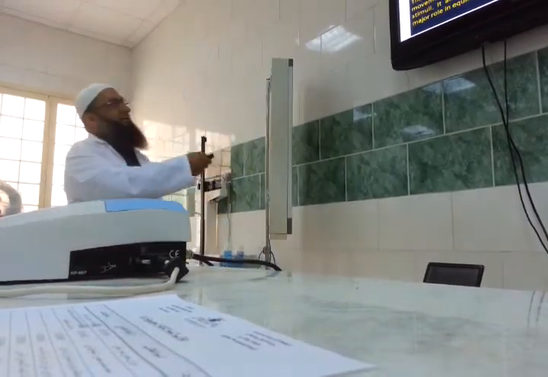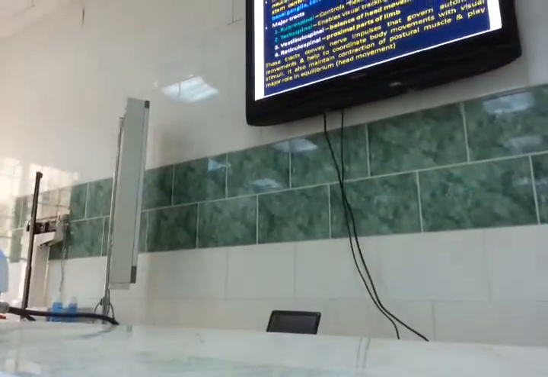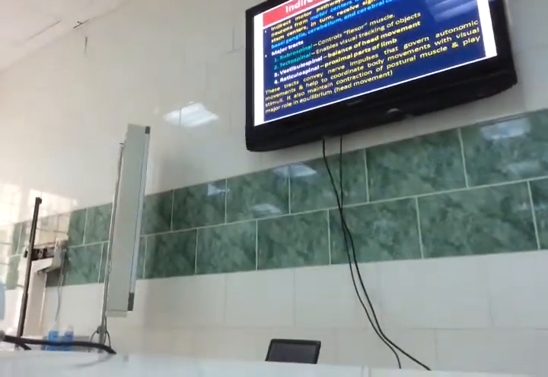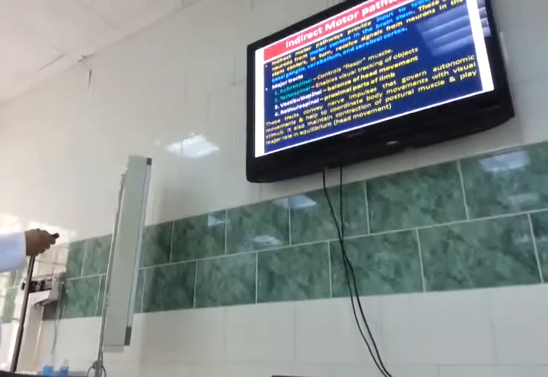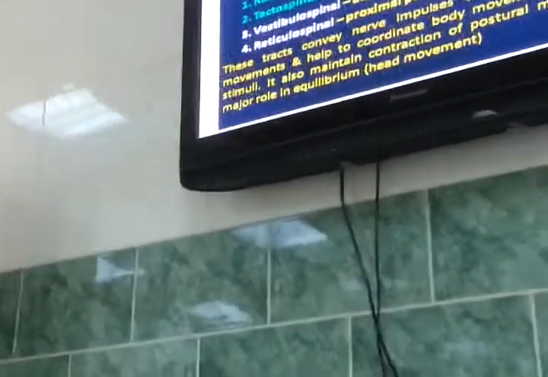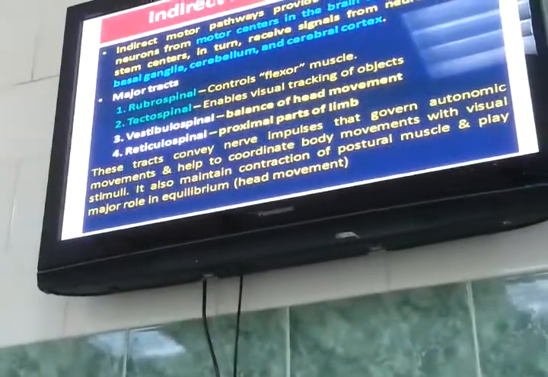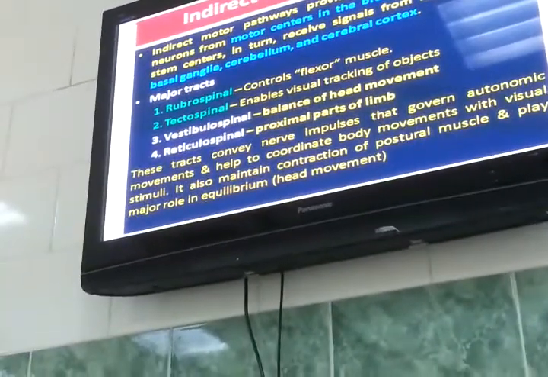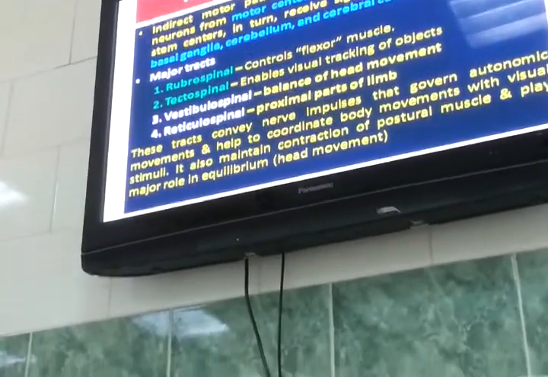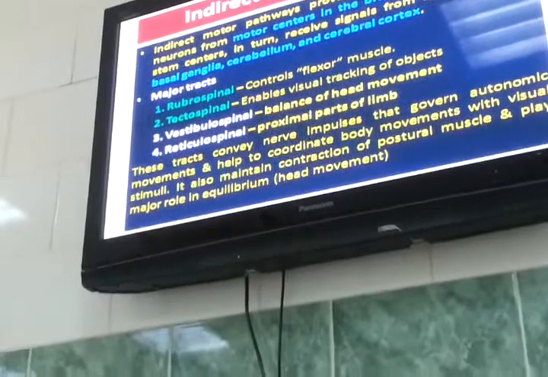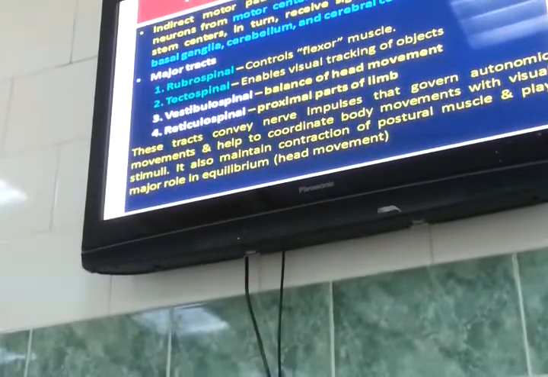This. Vestibulospinal, balance of the head movement. And reticulospinal controls the proximal part of the limb. All these tracks are commonly called indirect motor pathway.